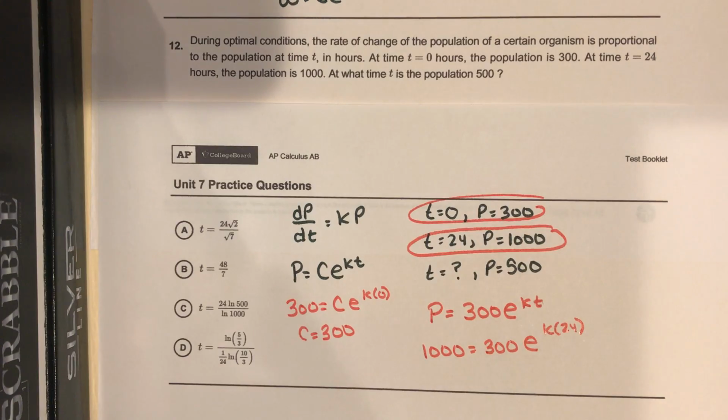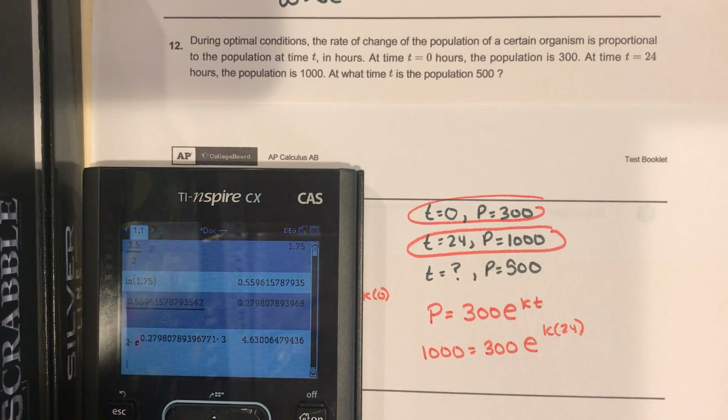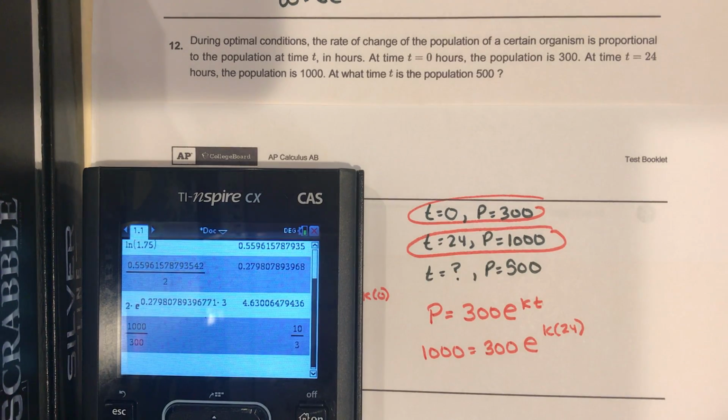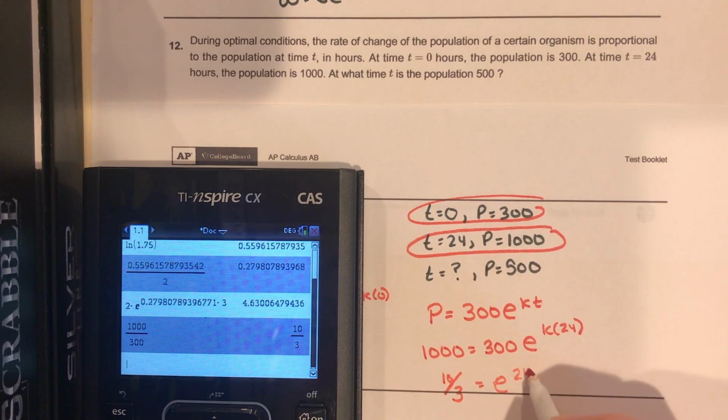So I'm going to get my calculator out for this one. I'm going to divide 1,000 by 300, which is 3.3 repeating. So I'll leave it at 10/3, I guess, equals e to the 24k.